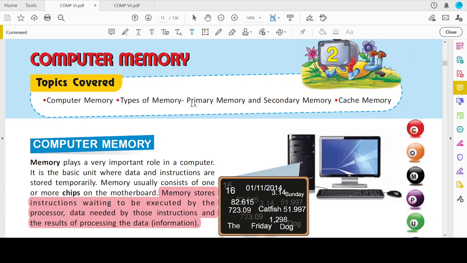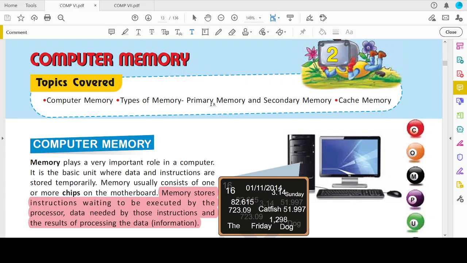It gives you an interface. The operating system gives you an interface so that you can give commands, you can see your programs, and you can run the other applications on the interface.